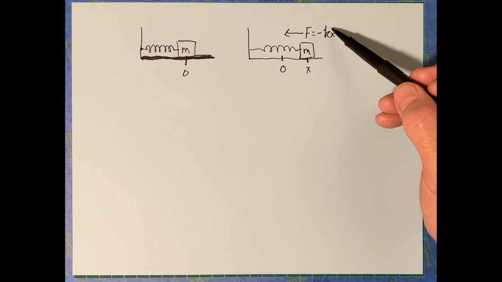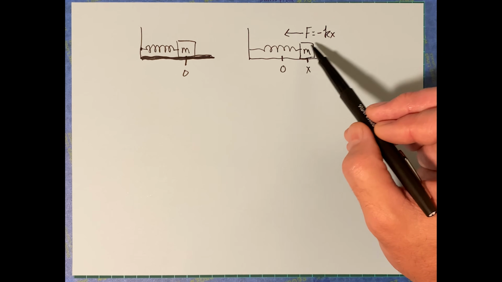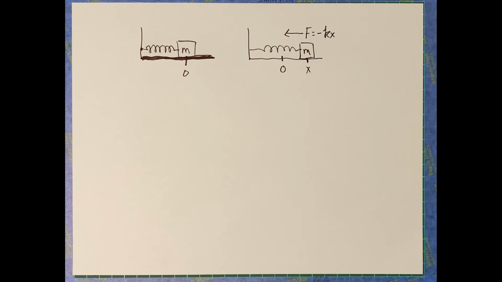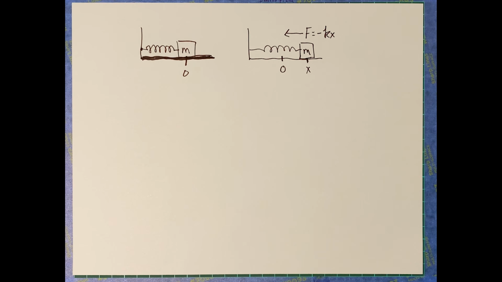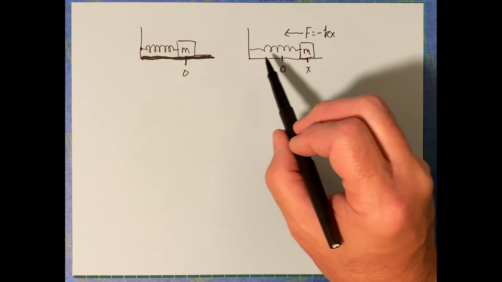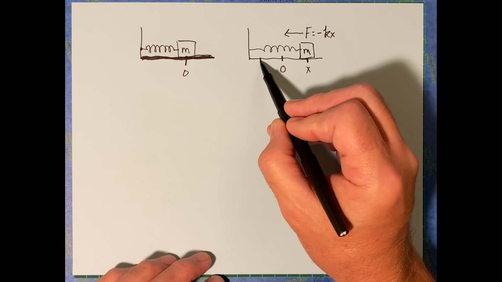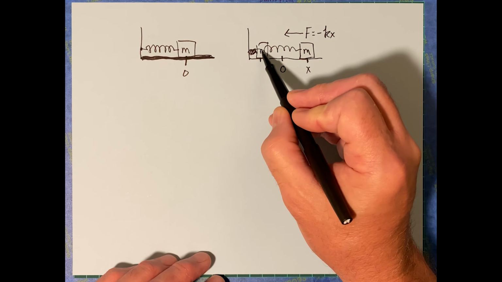The K is called the spring constant, and that has to do with the characteristics of the spring itself. It's pretty much a set value depending upon what the spring's made out of, how many coils there are, how thick the spring is, and so forth. Okay, so that's known as Hooke's law. The same would be true if the mass were on the other side over here and the spring were compressed in that area.